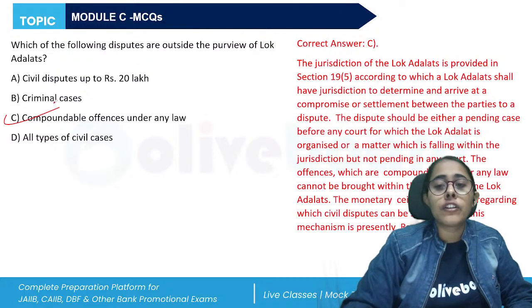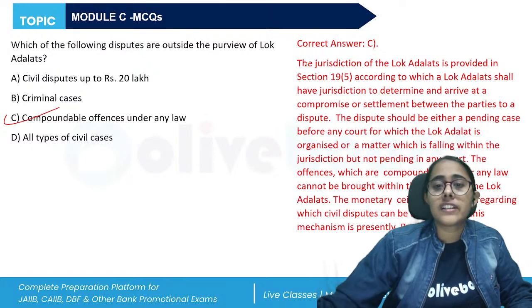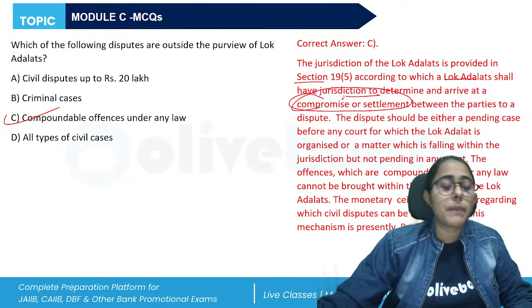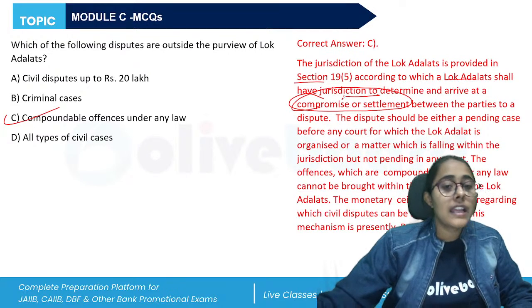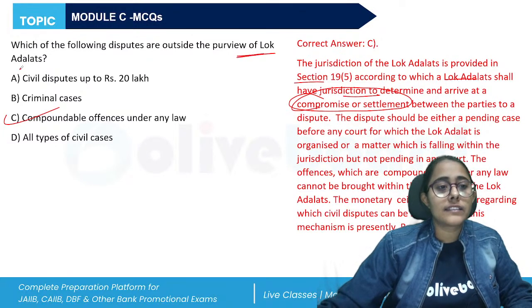The jurisdiction of the Lok Adalats is provided in section 19(5), according to which the Lok Adalat shall have jurisdiction to determine and arrive at a compromise or settlement between the parties. So where the dispute is such that a compromise or settlement can be reached, the Lok Adalats can take decisions.